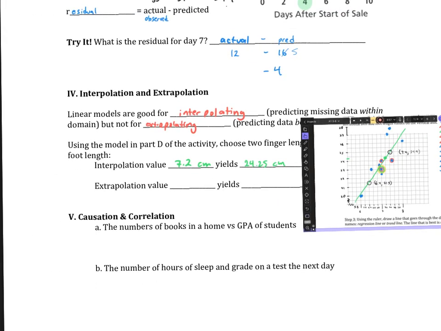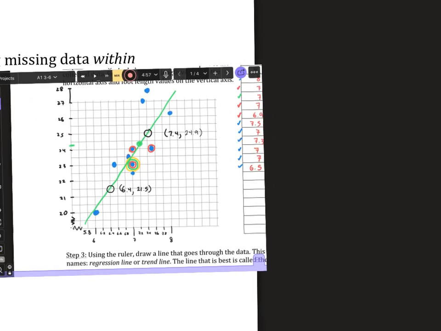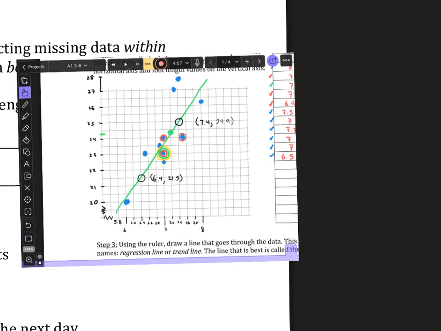Now, what about an extrapolation value? Well, extrapolation, and this doesn't work for a couple of reasons here. My graph goes off grid, so it's actually really hard to predict based on this. But let's see what it does. If I did attempt to say, 8.2 here, and it goes all the way to about here, it looks like it's almost at 28.